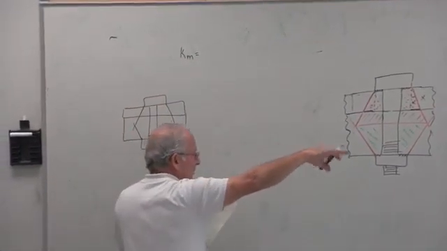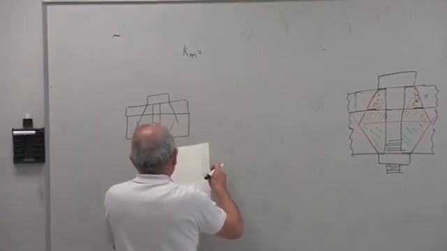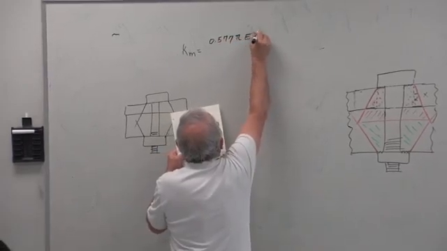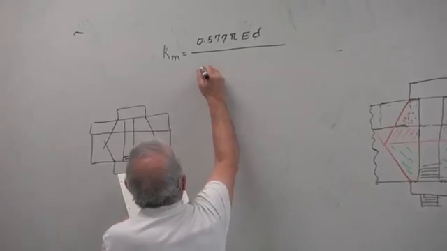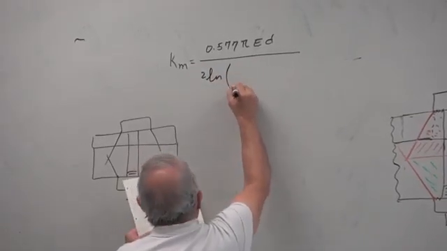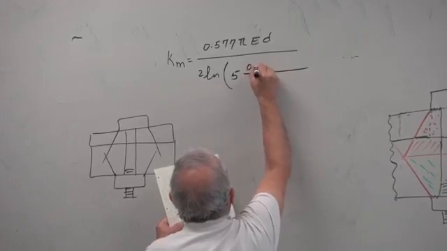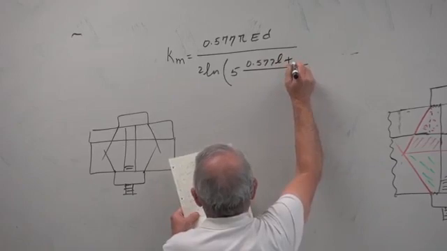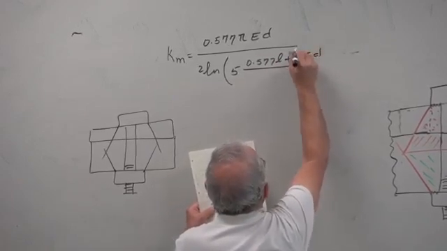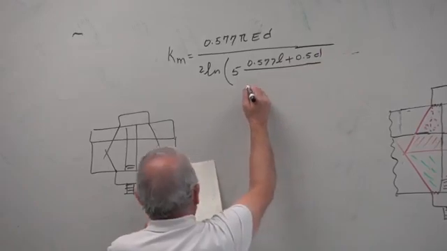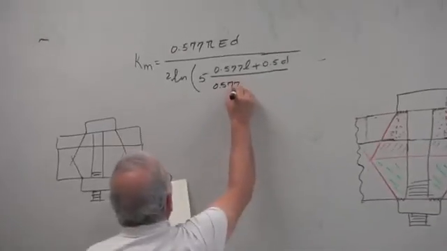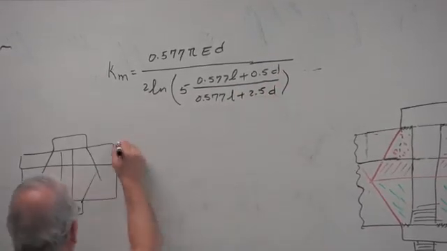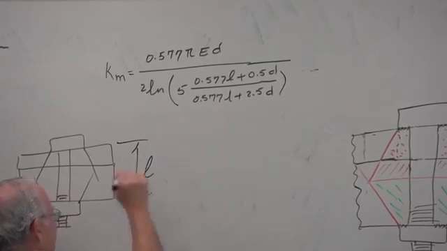You don't need to use that equation, the summation of 1 over Ki anymore. 0.577 pi ED divided by 2 times the log of 5.577 L, L is the grip length, plus 0.5 D, divided by 0.577 L plus 2.5 D, where L is the grip length.